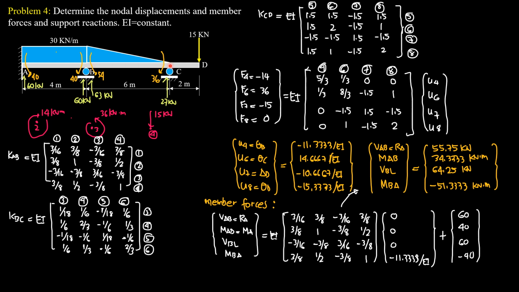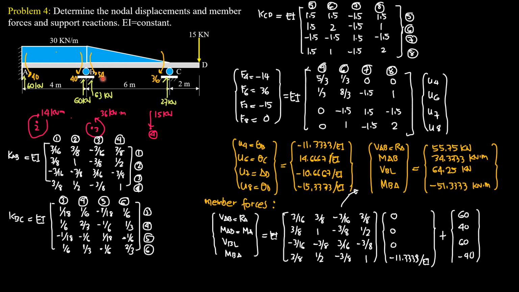For portion BC, the fixed moment here is counterclockwise or negative, W, 30 times 6 square over 20. So 30 times 6 square over 20 is 54.